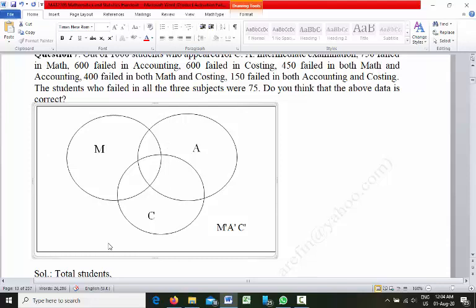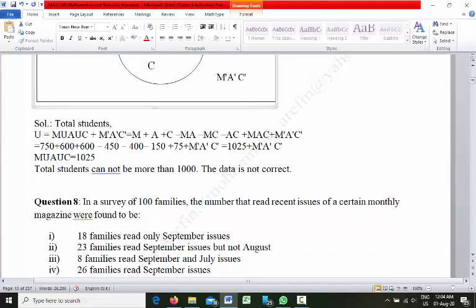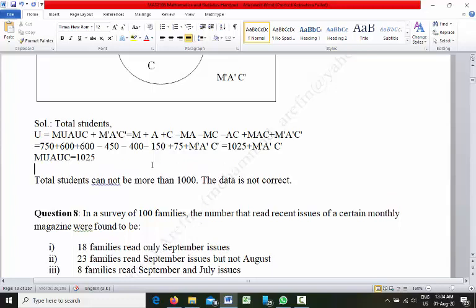It can be the same or less, but it cannot be more than U, which is 1000. The data is not correct.